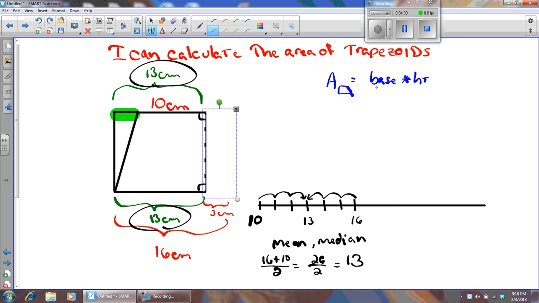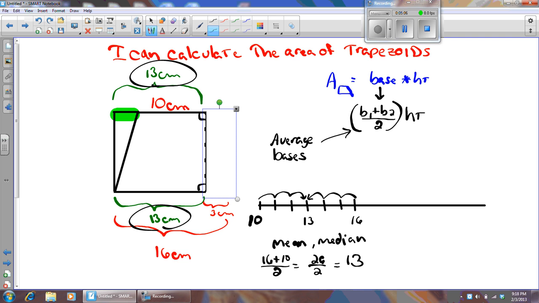So we're actually going to adjust our formula here. Knowing that trapezoids have two bases, we're going to add the two bases together. And then we're going to cut them in half, because that's how you average the bases. And then we're going to multiply by the height. So this is how we're going to average the bases, right?